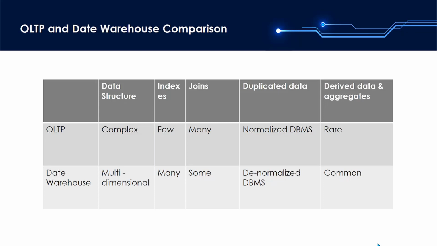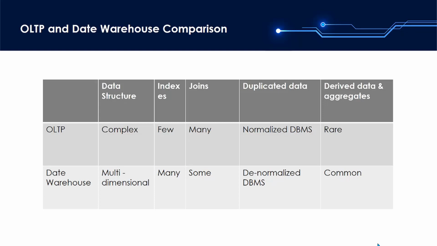Another comparing element is the existence of duplicate data. With OLTP, there will be no duplicate data, as it is designed to avoid duplicate data with high levels of normalization. This is not the case with data warehouses. Since the database is denormalized, we'll find duplicate data. The final comparing element is the derived data and aggregates.